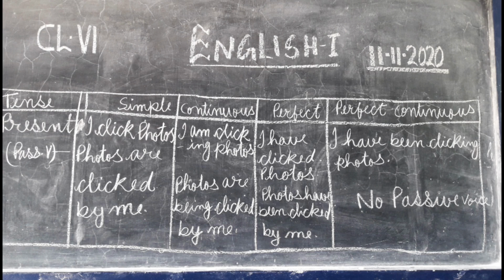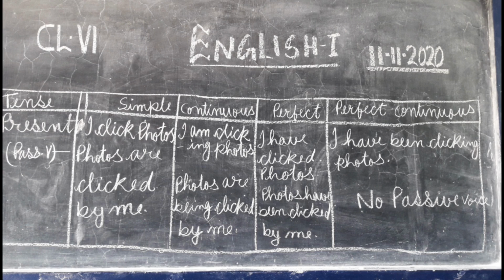Next we see the present continuous tense. I am clicking photos. Photos are being clicked by me. Subject, verb, object. But you have to remember there is the third form of the verb with the continuous tense.